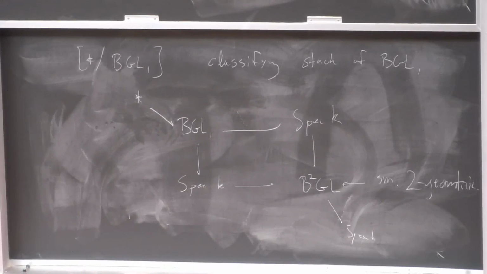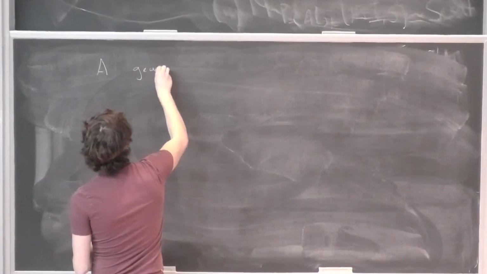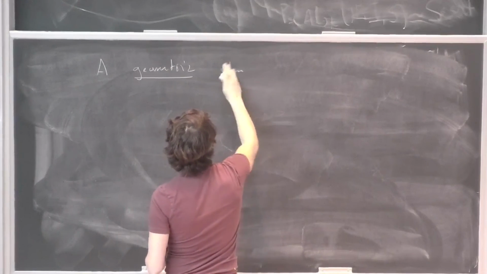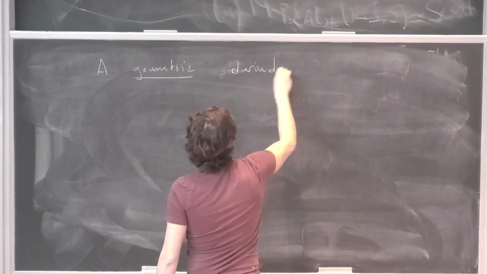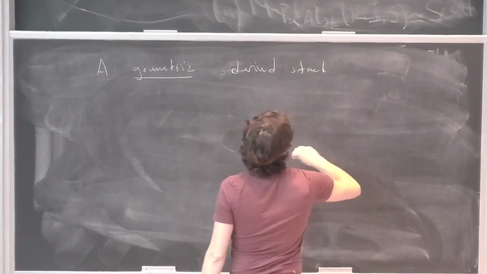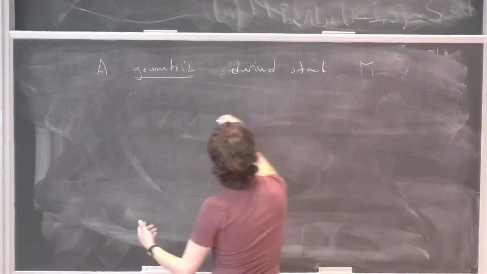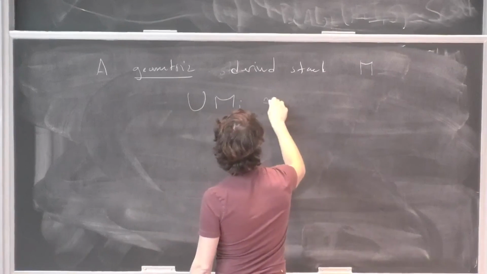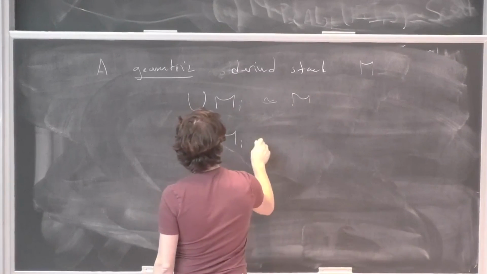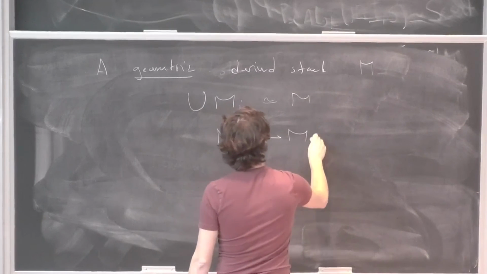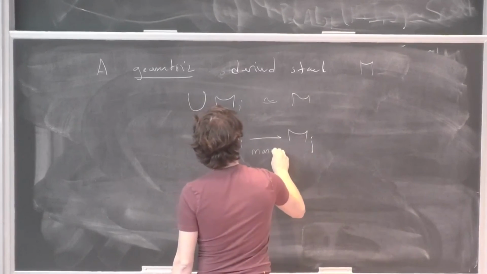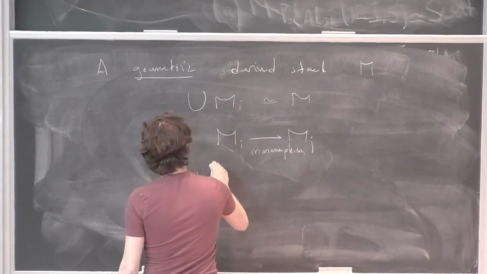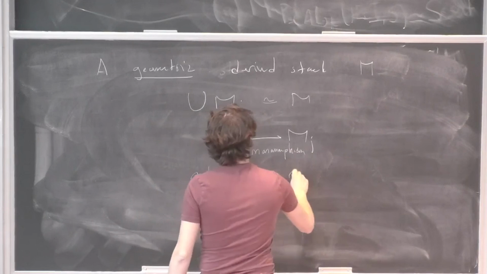So I'll just write this. A geometric derived stack, let's call it M, is one which is a union of some M_i's, where each M_i into M_j is a monomorphism, and each M_i is n-geometric for some n.